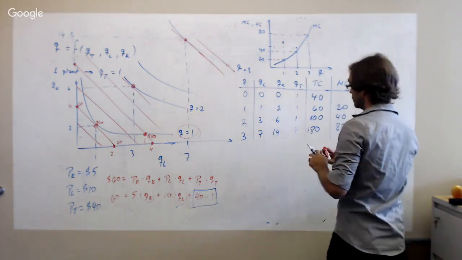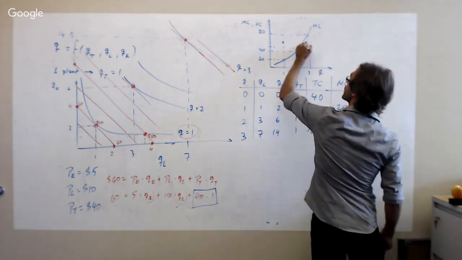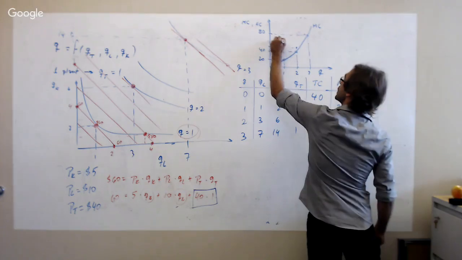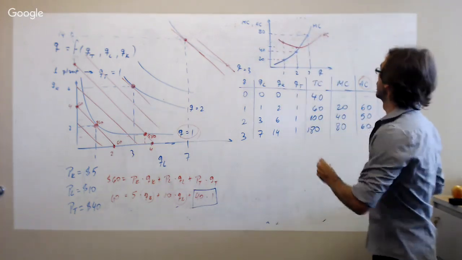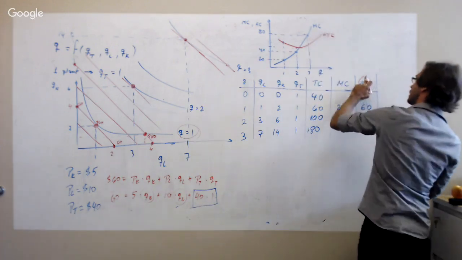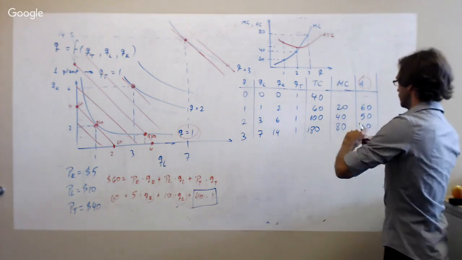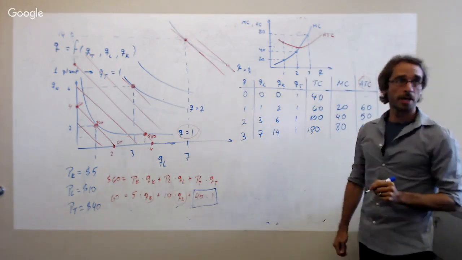So let me do it in red. The average cost is going to look something like this. And we called it ATC. Oh, ATC. Let me use the right notation. It's very important. So the average total cost is given by this curve right here.